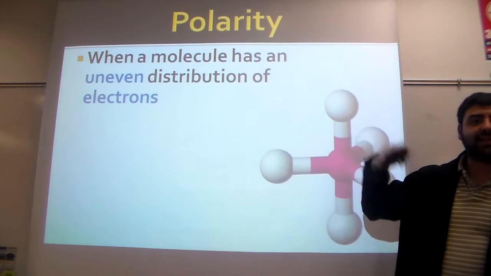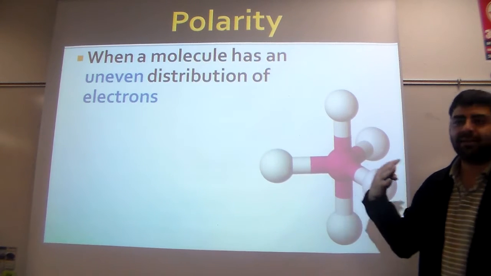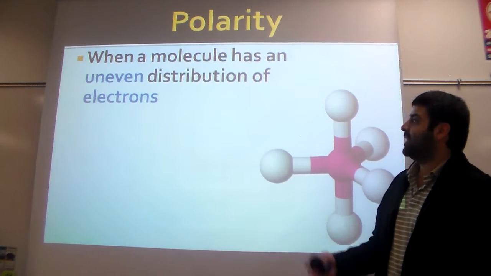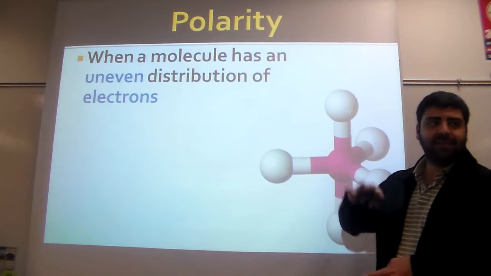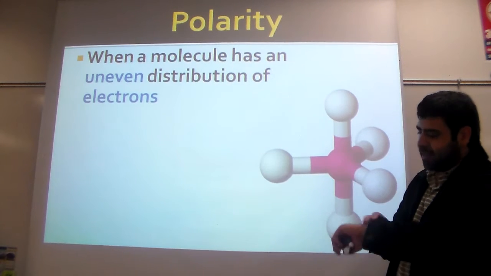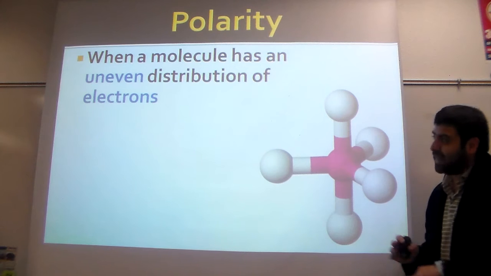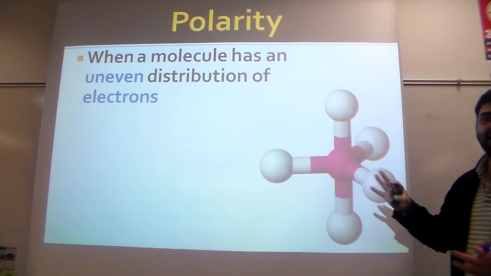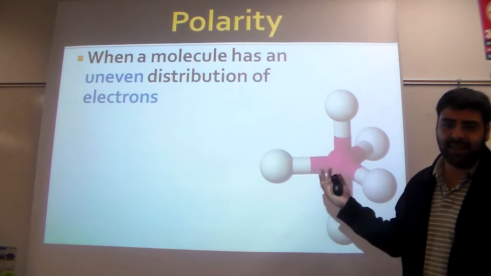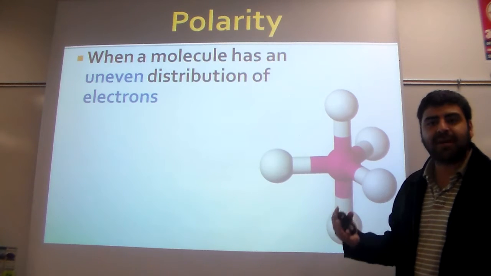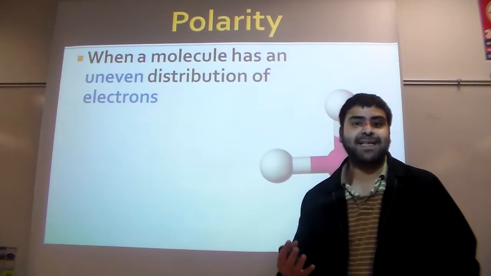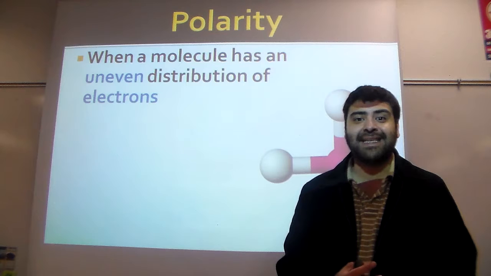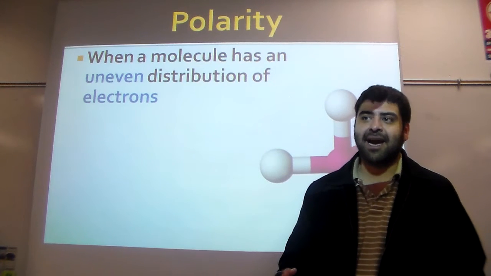Polarity, think of the north and south pole like the world or like a magnet. We have 2 different ends. Now this occurs when the electrons involved are not shared equally. So if you recall, this unit over covalent bonding is all based around the idea that sharing is caring.